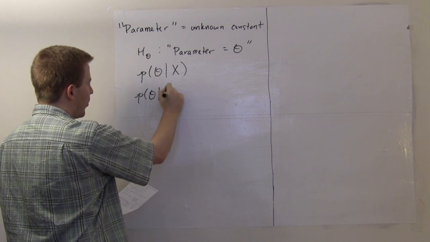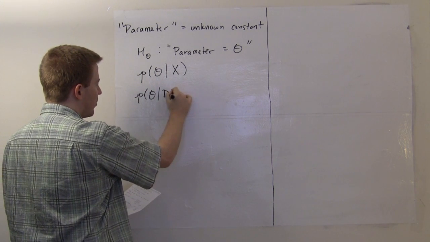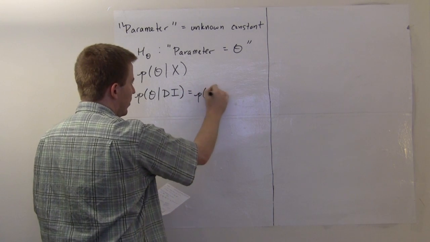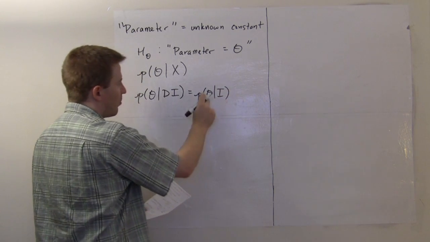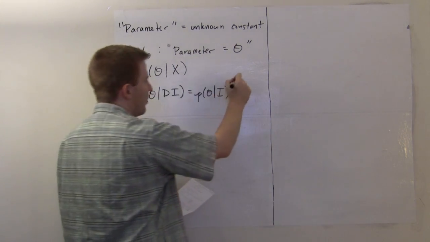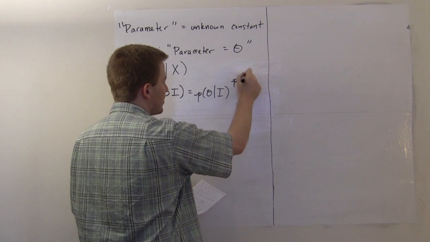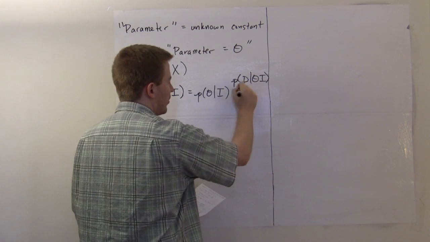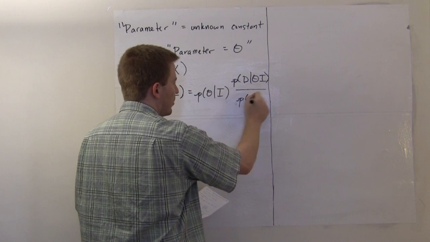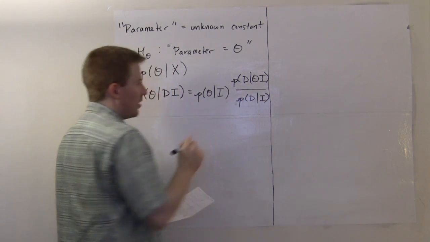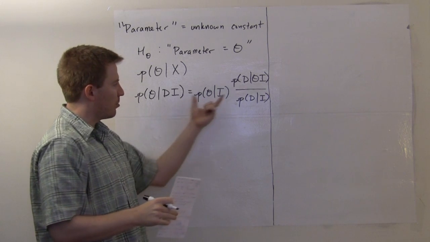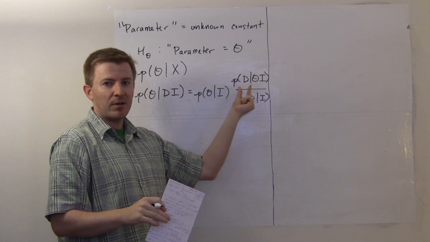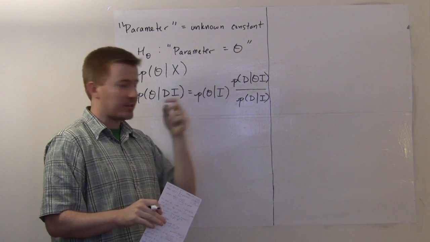Our posterior probability assignment, posterior to some observed data, is our prior, maybe just a prior probability based on background information, times a ratio: the sampling distribution conditional on that particular value, divided by the total probability of the data not conditional on that value. This is again just the product rule of probabilities, written out for this particular kind of notation where we're talking about probabilities of hypotheses of this particular type.